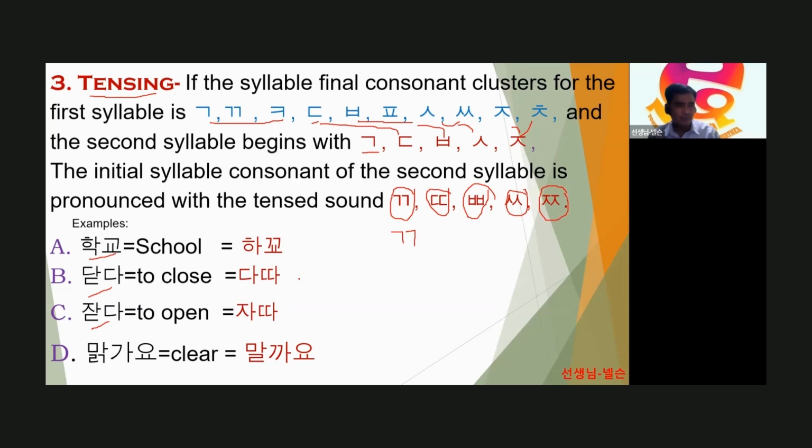For example, school. Instead of this character used as a final, which has the uk sound, hak, it is then used as an initial consonant, giyok, ga. So we would read hakgyo with the wrong pronunciation, but the spelling will remain.